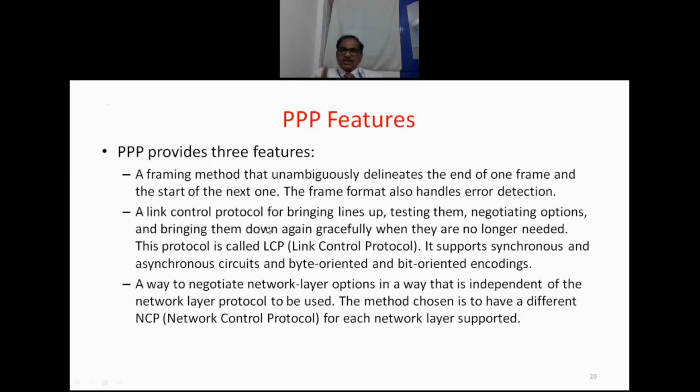Suppose I say that I want to send 10 frames per second. But if the receiver is capable of receiving only 6 frames per second, it says no, I cannot receive 10 frames per second, I can receive only 6. Likewise, that is the agreement, the negotiations.